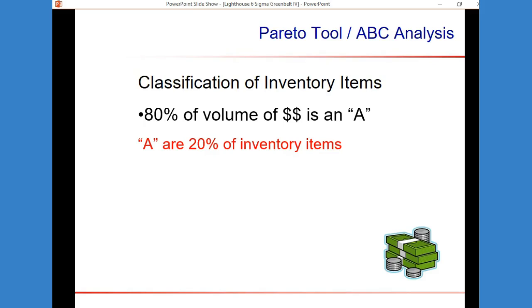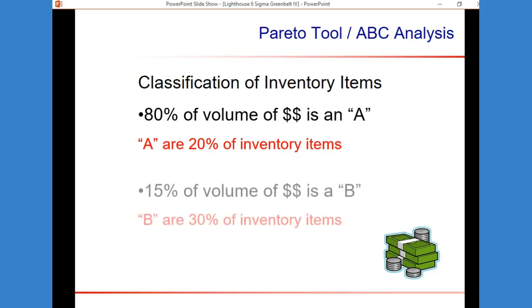So I think we have about 5,000 part numbers in the building, maybe a little more. I can manage 80% of my dollars by only looking closely at 20% of that inventory. Saves me a ton of time and effort, and I get the biggest bang for my buck just tightly managing those A items.